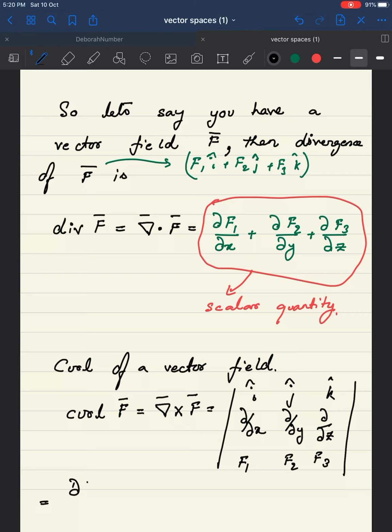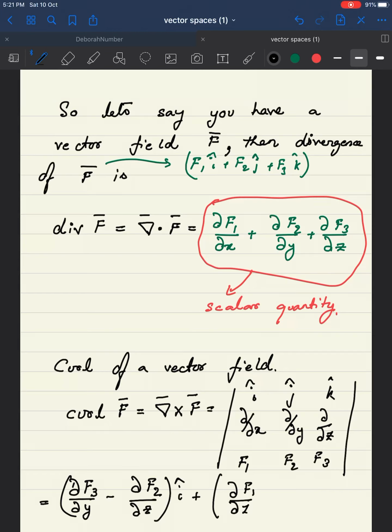This should be del f3 by del y minus del f2 by del z i hat, plus del f1 by del z minus del f3 by del x j hat plus, there is one more term.